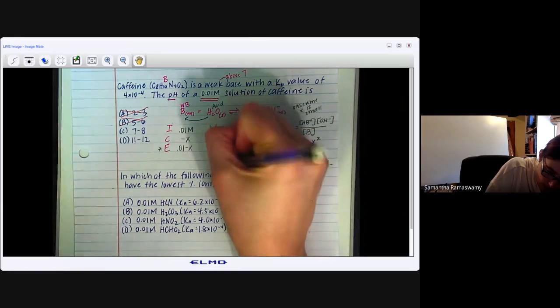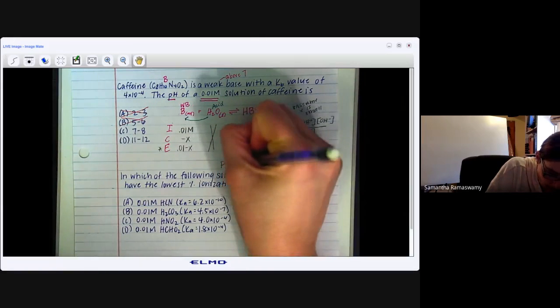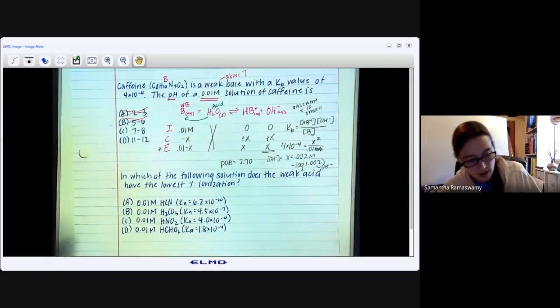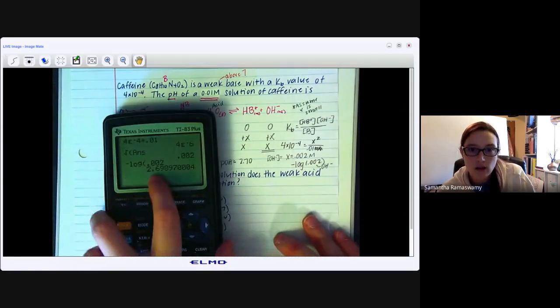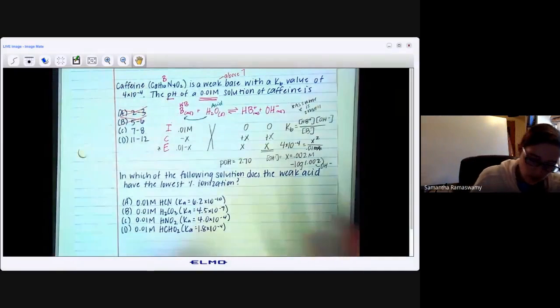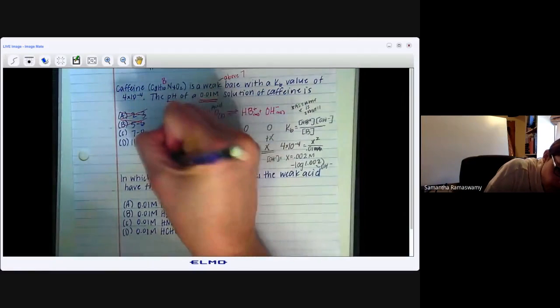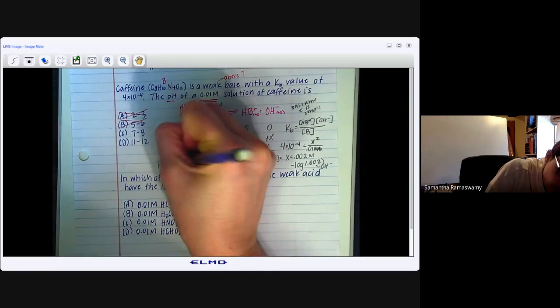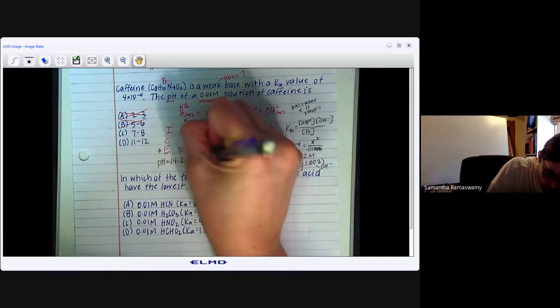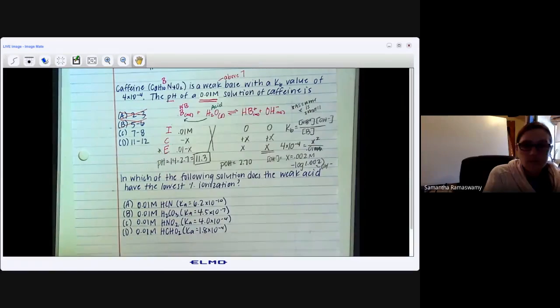So the POH is 2.70. I'll show you: 2.69897, 2 sig figs, 2.70. So the pH is 14 minus 2.7, which is 11.3.